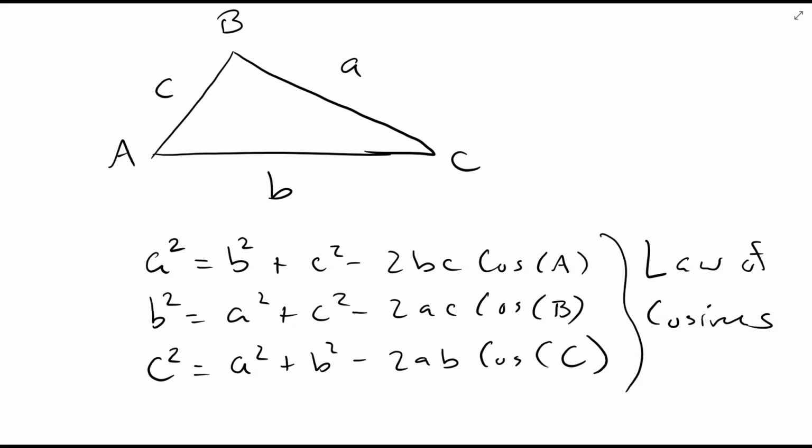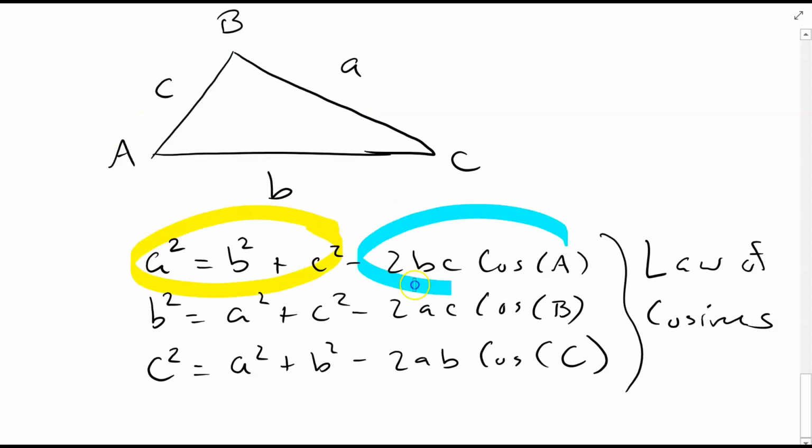The Pythagorean theorem. Right, it looks like the Pythagorean theorem with a little correction factor stuck on at the end, right? That correction factor at the end is to account for this not being a right triangle. If you have a right triangle, cosine of A becomes 0, because cosine of 90 degrees is 0, and that last term just drops off the end and gives you exactly the Pythagorean theorem. Is that okay with everybody? So that's pretty neat, right?